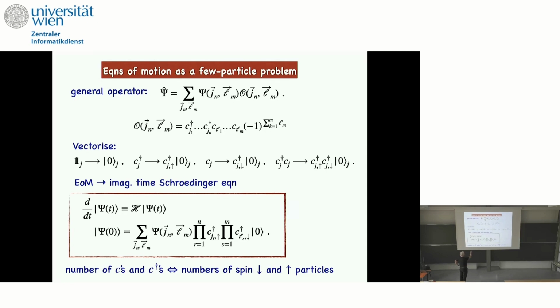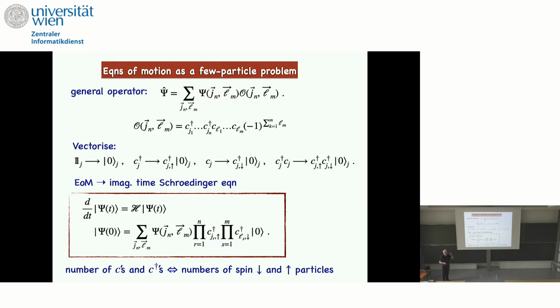Now, the Lindblad equation in the Heisenberg picture involves a map of operators to operators. So it's convenient to vectorize this, to use the fact that operators themselves form a linear vector space, so you rewrite them as vectors. We call this vectorization, and the vectorization works side by side.